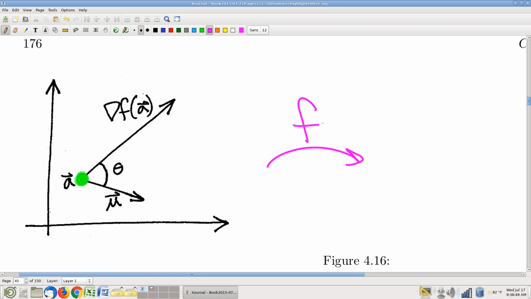Maybe it's temperature, maybe it's altitude, maybe whatever. At this point A, where I am, I want to consider all possible unit vectors representing directions in which I might start moving from the point A. And the question I want to ask is, of all these possible directions, which one makes f change the fastest?